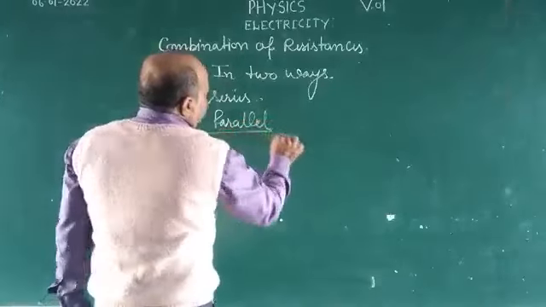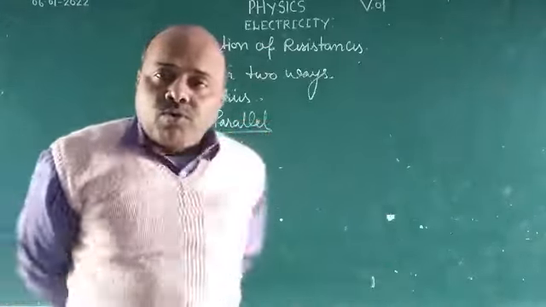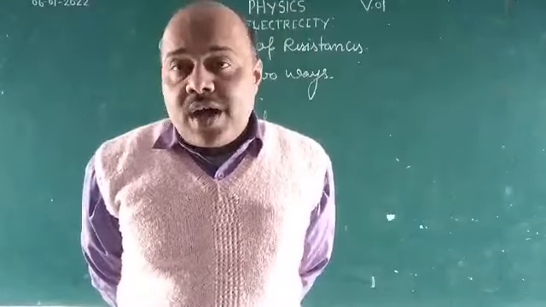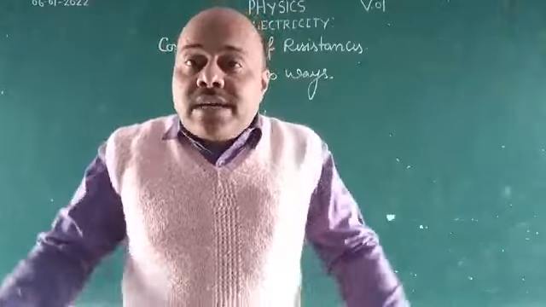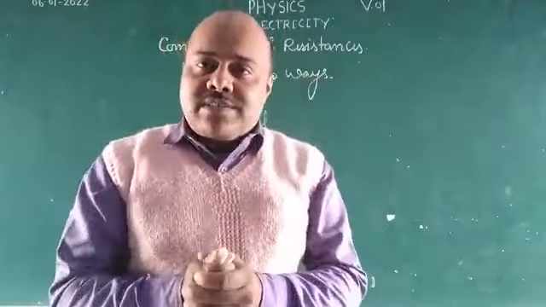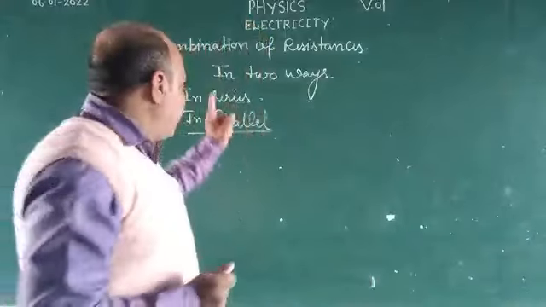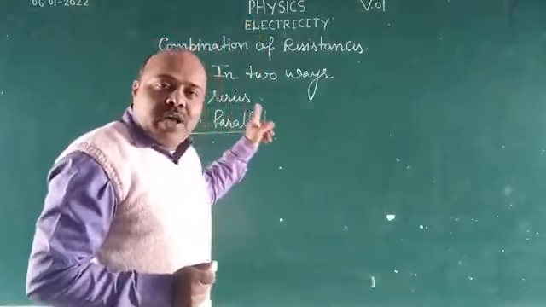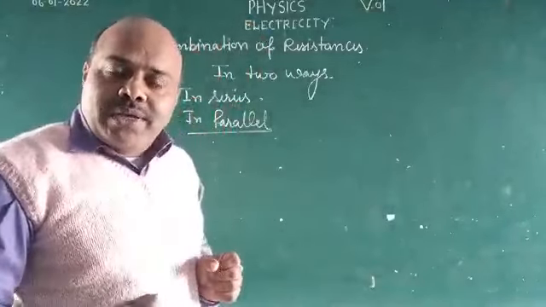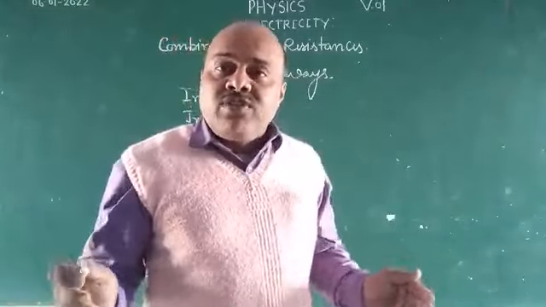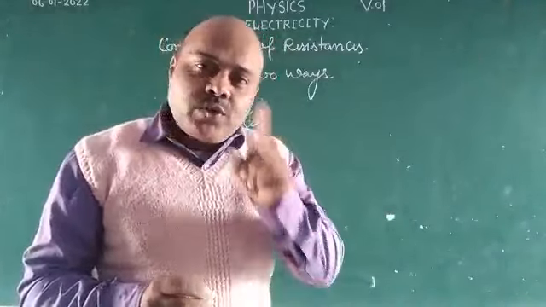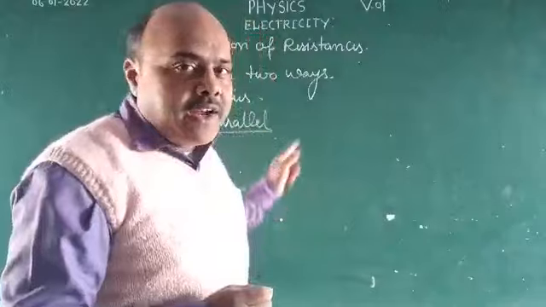If we want to increase or decrease the amount of current in the electrical appliances, we should connect two or more resistances in two ways, in series combination and in parallel combination. Dear student, you will get electrical circuits in which there is a mixed combination also, with both series and parallel combinations.